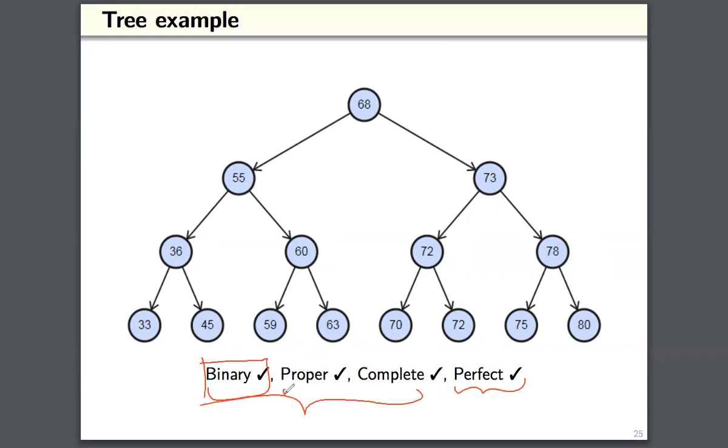It should be a proper tree. It should be a complete tree by default, right? Else you cannot get a proper tree. So if it is a perfect tree, it automatically means it is a complete tree. It automatically means it is a proper tree. If it is not a complete tree, it automatically means that it is not a perfect tree.